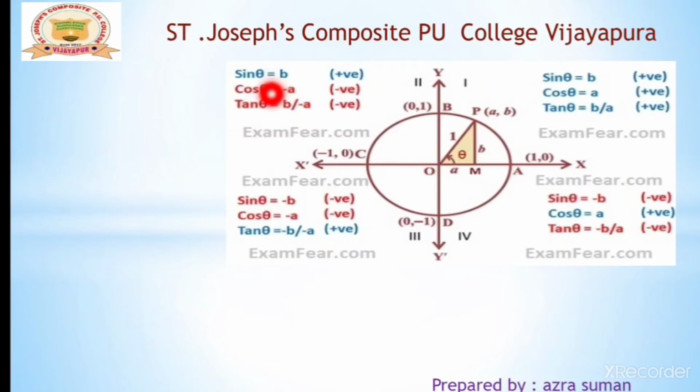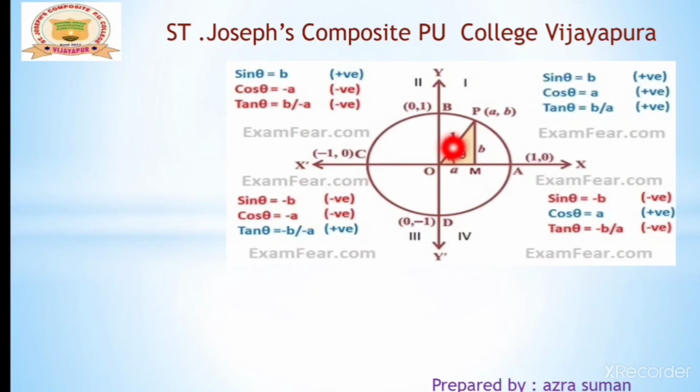Positive by negative gives negative, so tan theta is negative. In the second quadrant, sin theta is positive and its reciprocal cosec theta is positive, and the remaining four, that is cos theta, tan theta, sec theta and cot theta, will be negative.